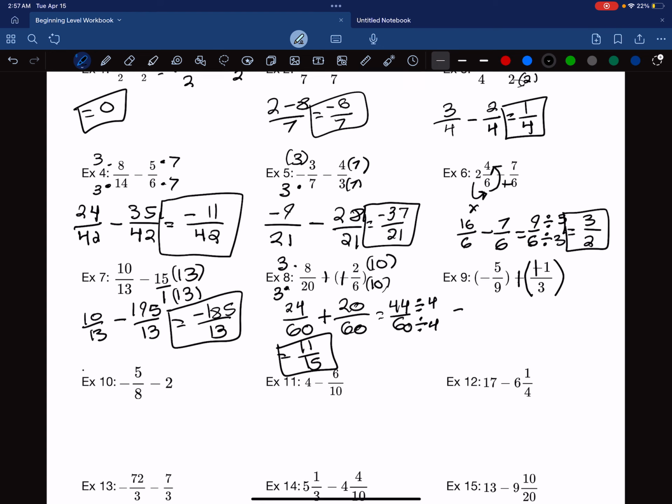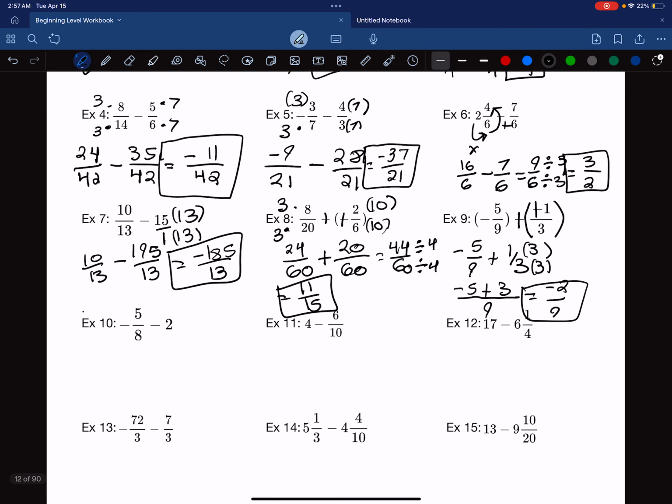So really, we're dealing with negative 5/9 plus 1/3. And then from here, we can multiply this 1/3 by 3 to find this common denominator. And we're going to get negative 5 over 9, and then we're going to add 3. Negative 5 plus 3 is negative 2, and we're going to put that over 9.